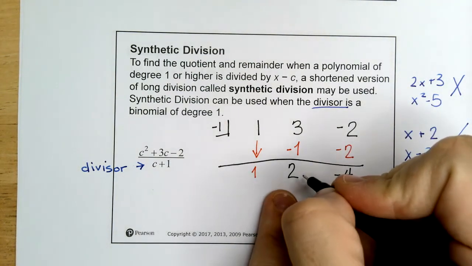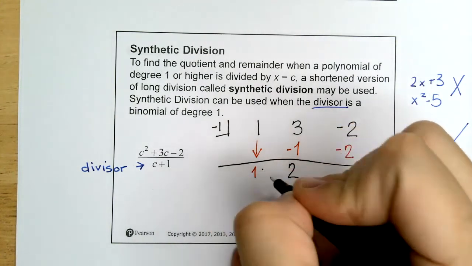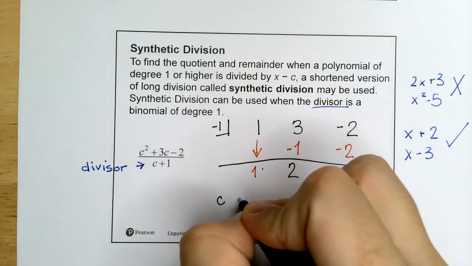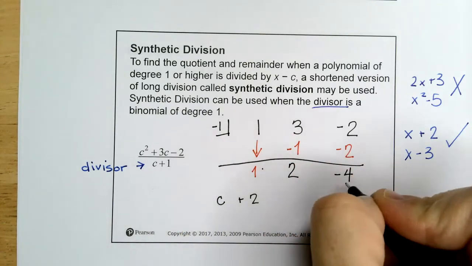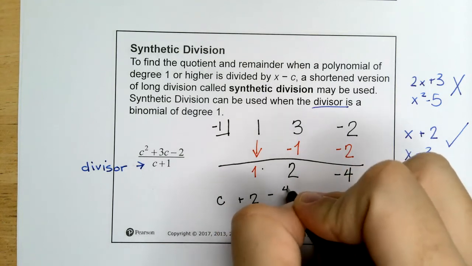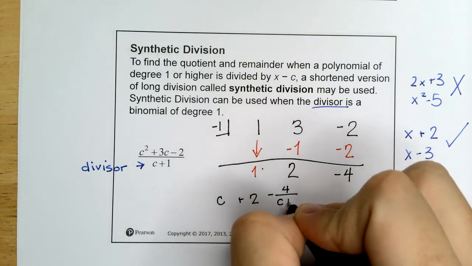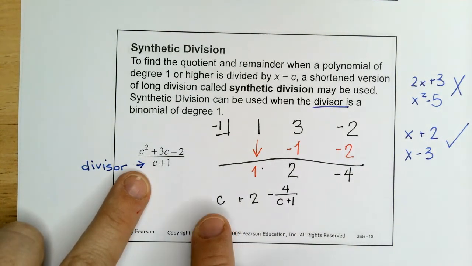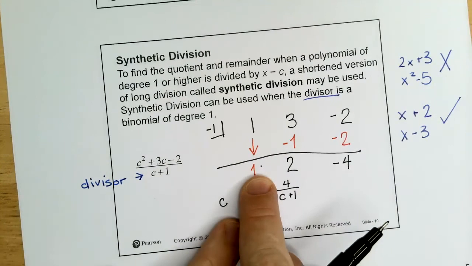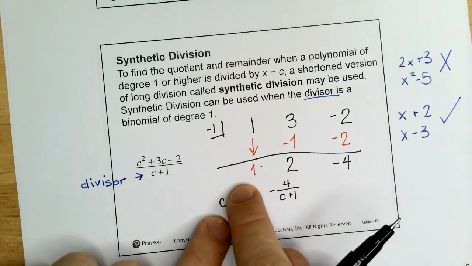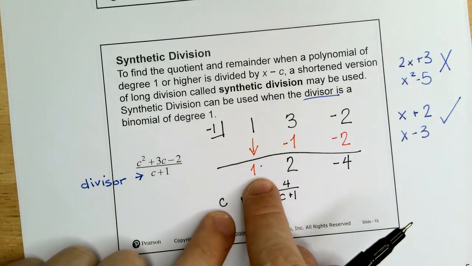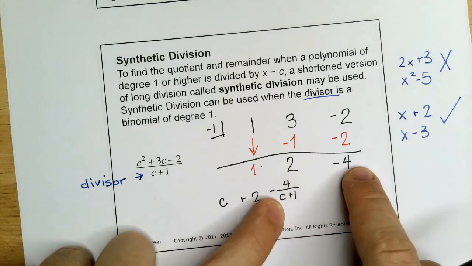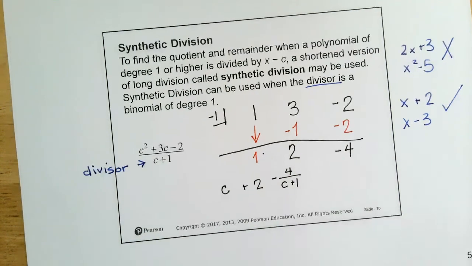So this will be my constant, and this will be my c. Good. So I have 1c, a constant, and the remainder over c plus 1. Okay? So I'm adding back in the constant. 1c, 2, or sorry, I'm adding back in the variables. 1c, 2 minus 4 over c plus 1.